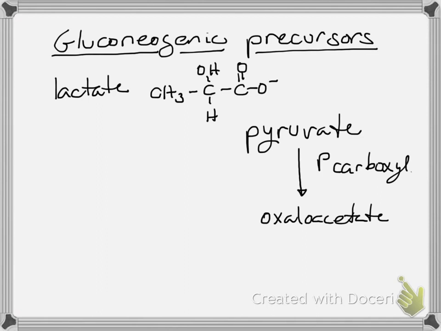The liver picks this lactate up and converts it into pyruvate by the lactate dehydrogenase enzyme. This is the same enzyme that we find in muscle under anaerobic conditions, the same enzyme we find in red blood cells that allows it to regenerate its NAD capacity.